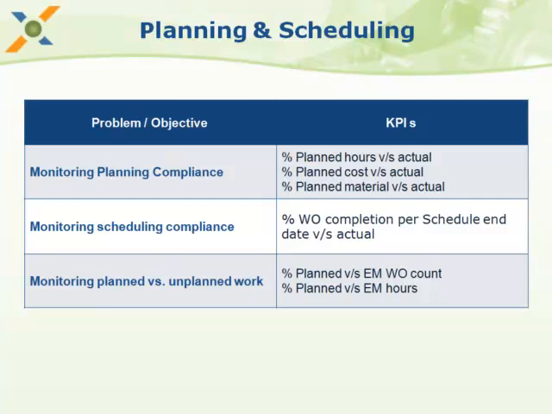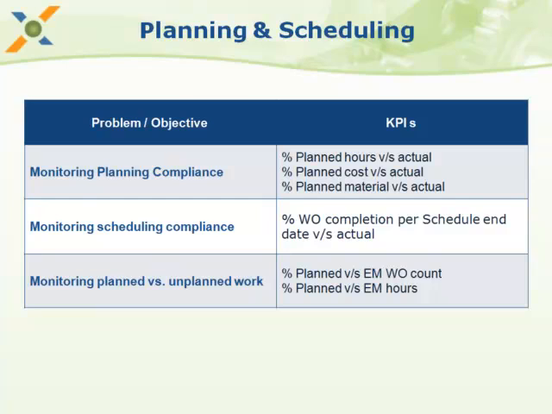If in the CMMS we are keeping cost, we can monitor such factors. If we have allocated material, planned material versus actual, these are the things which will help monitoring planning compliance. Similarly, we can do scheduling compliance. If we have scheduled something, are we able to finish the work within that scheduled time? So work order completion per schedule, end date versus actual.